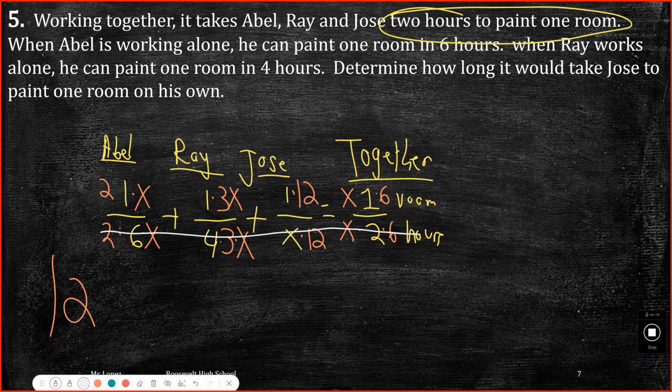So this is going to be what? 2x plus what? 3x plus 2 equals what? 6x? Did something go wrong here? Oh, look, it's 12, not 2.